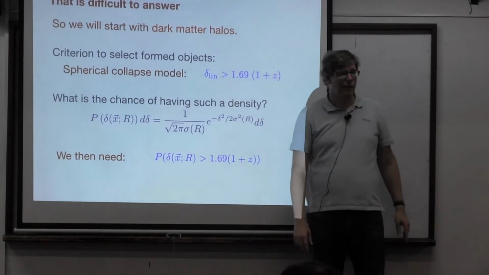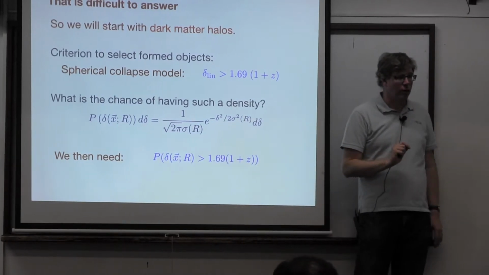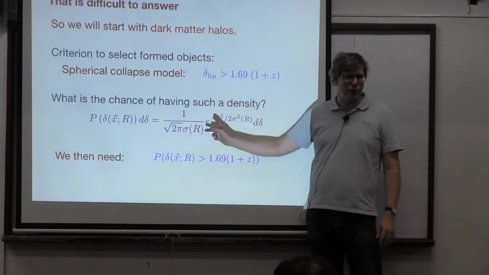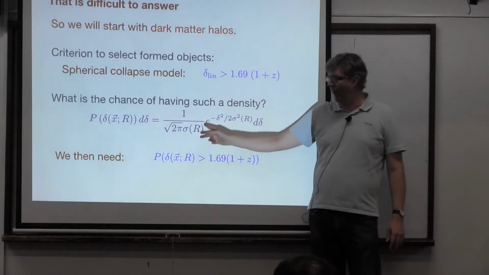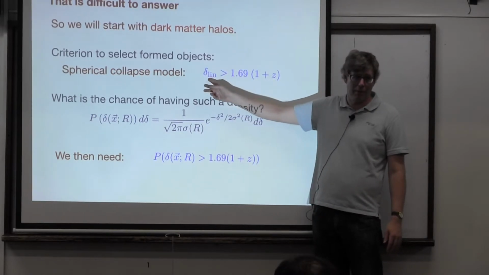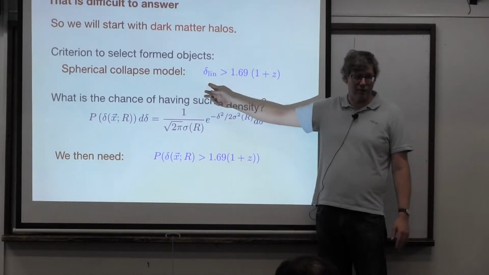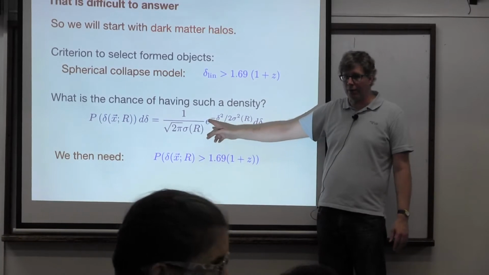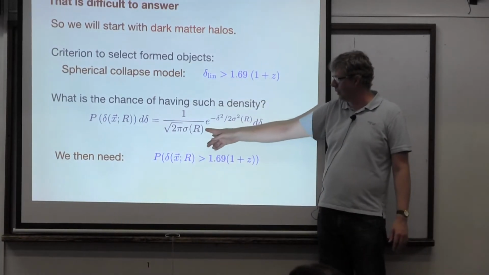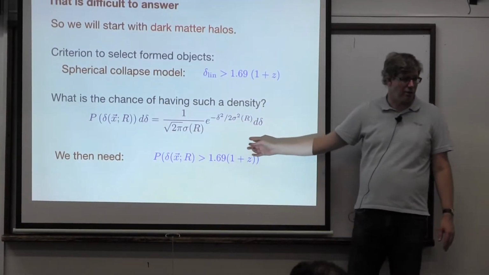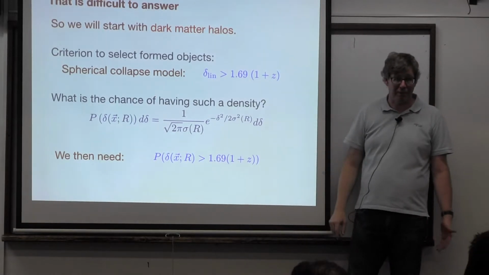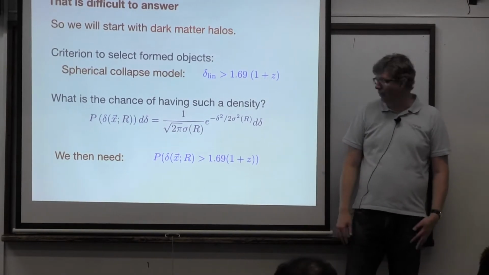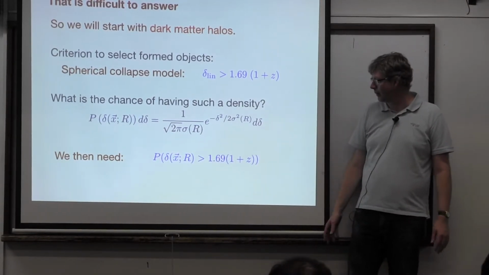And then the next thing I have to do is say what's the chance of having this value? What's the likelihood of having that value? The likelihood is given by this Gaussian distribution, which I told you just to accept. We're not going to derive it in any rigorous way.